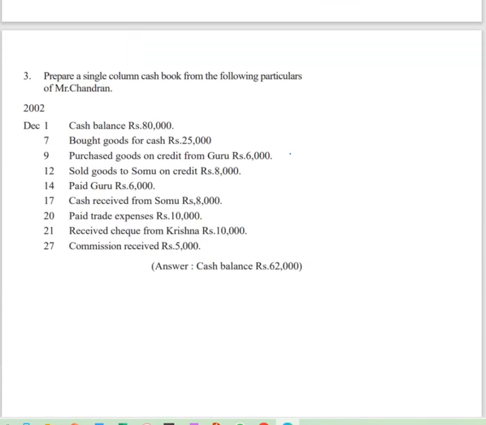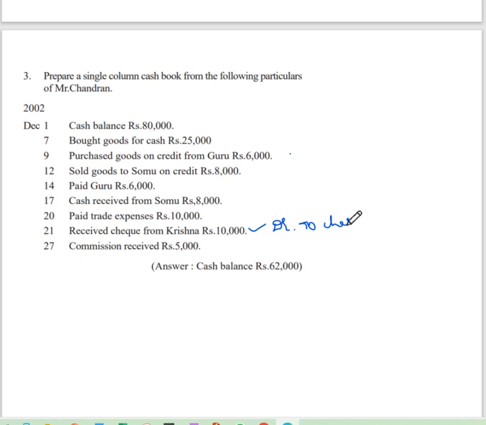Okay, there is one more problem which is simple and relating to the same thing. Here they have mentioned received a check from Krishna. You need to debit it on 21st of December 2002, saying what? To check in hand.